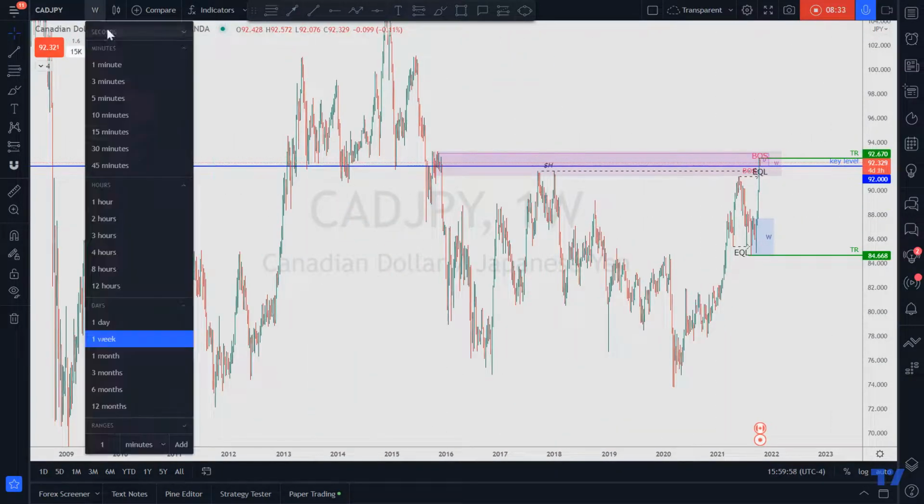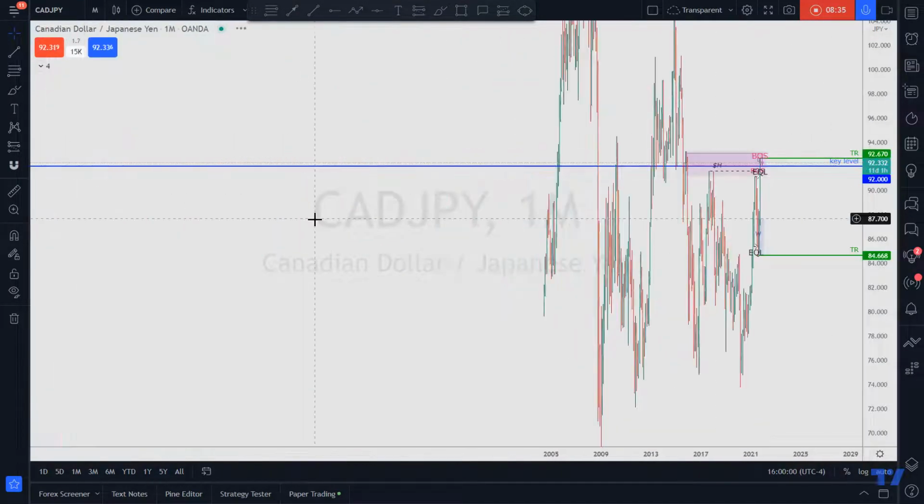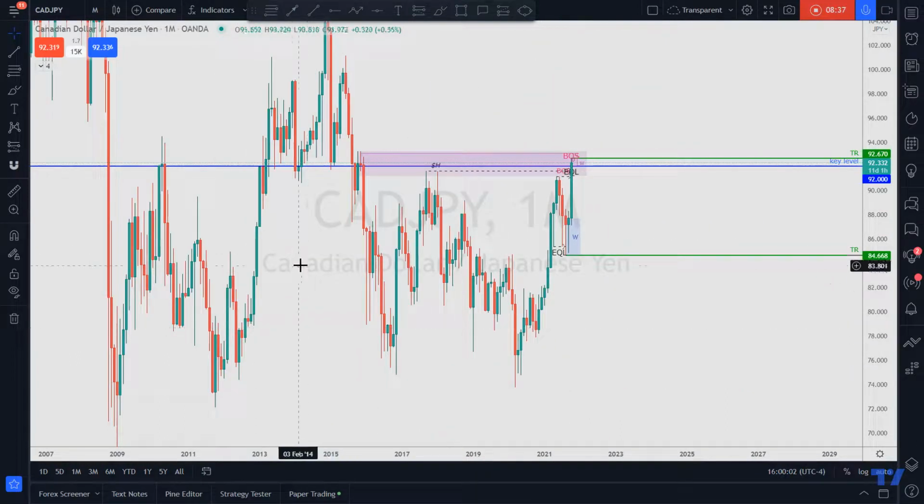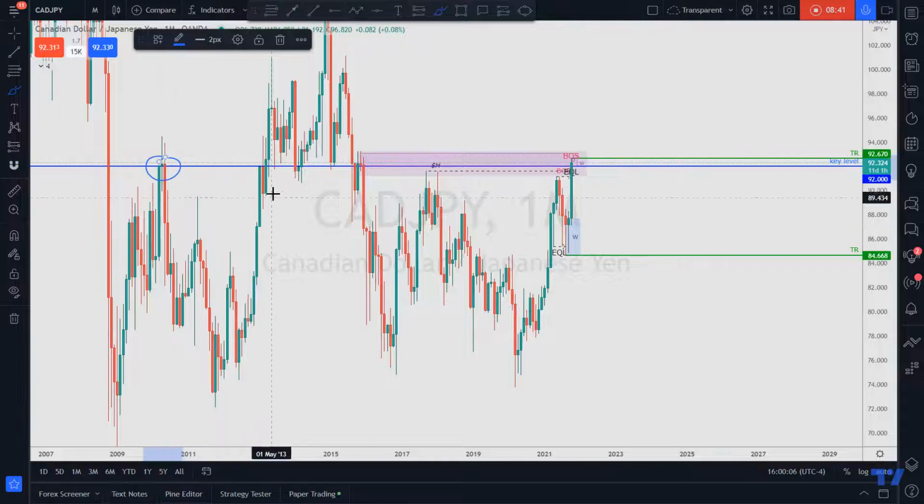Matter of fact, if we go down to the monthly, just so we can see it clearly, you can see it was resistance there, resistance there, support here, support there, resistance here, resistance. We didn't even get up here.